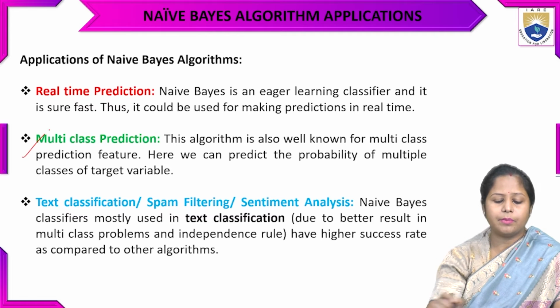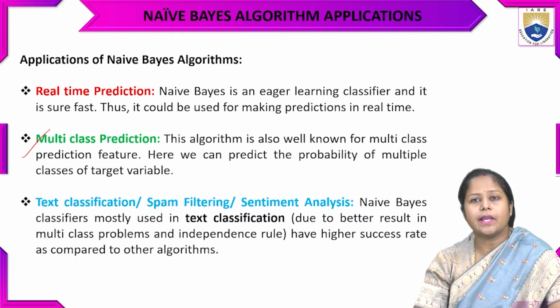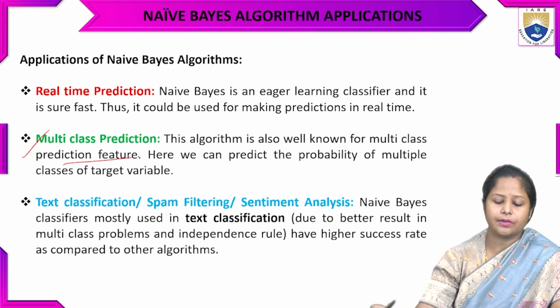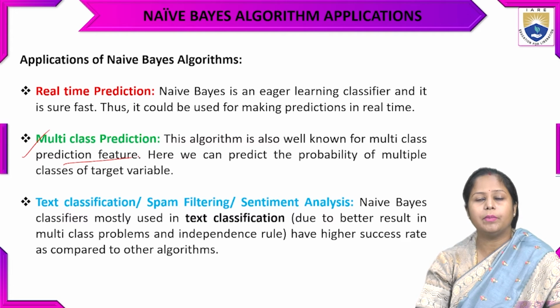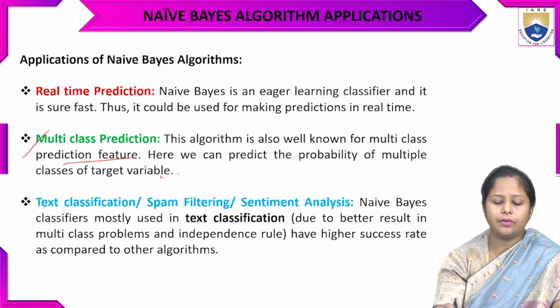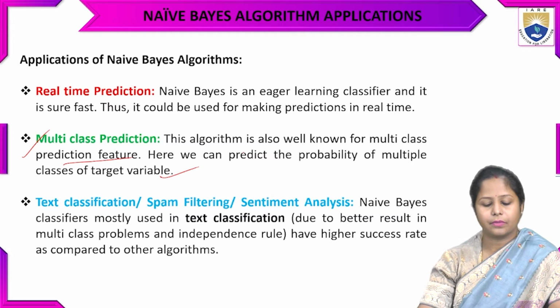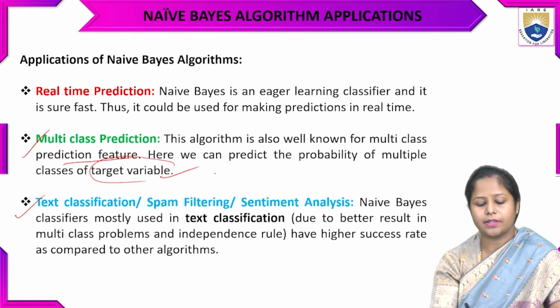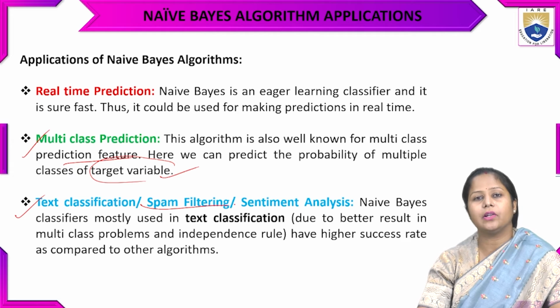The other example is multi-class prediction. This algorithm is also well known for the multi-class prediction feature. Here we can predict the probability of multiple classes of the target variable. Then there is text classification, such as spam filtering, or what we can also call sentiment analysis.